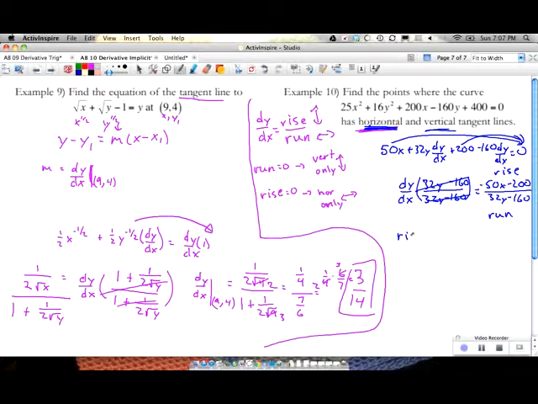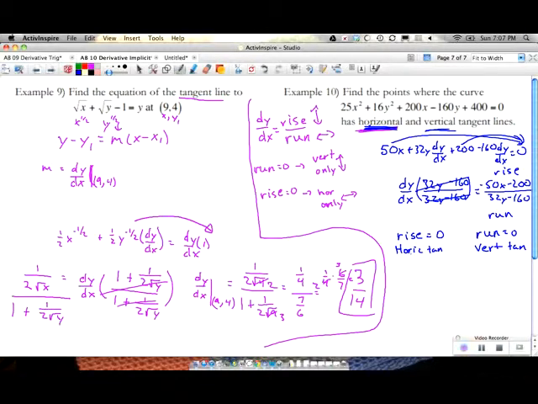So if my rise equals 0, that means I'm going to have a horizontal tangent line. And if my run equals 0, that means I'm going to have a vertical tangent line. So let's see where the rise would equal 0 and the run would equal 0.